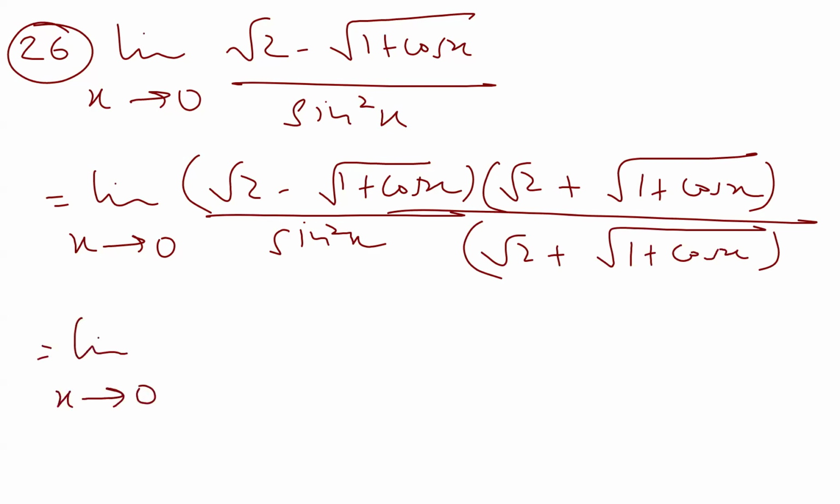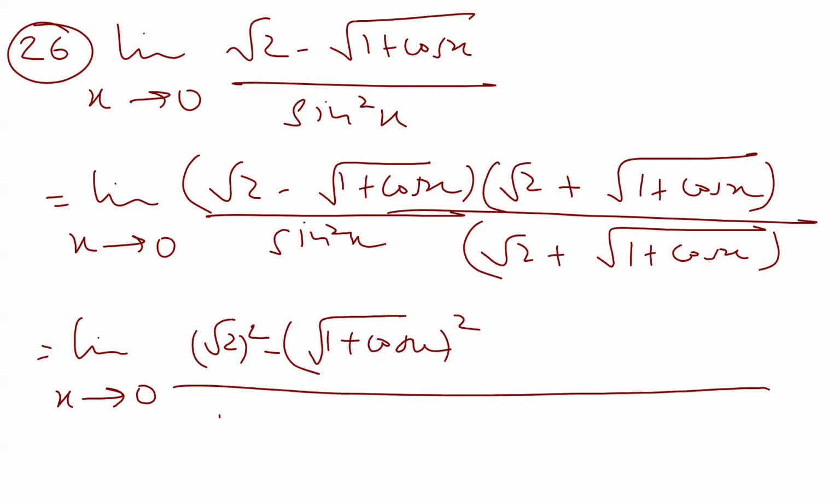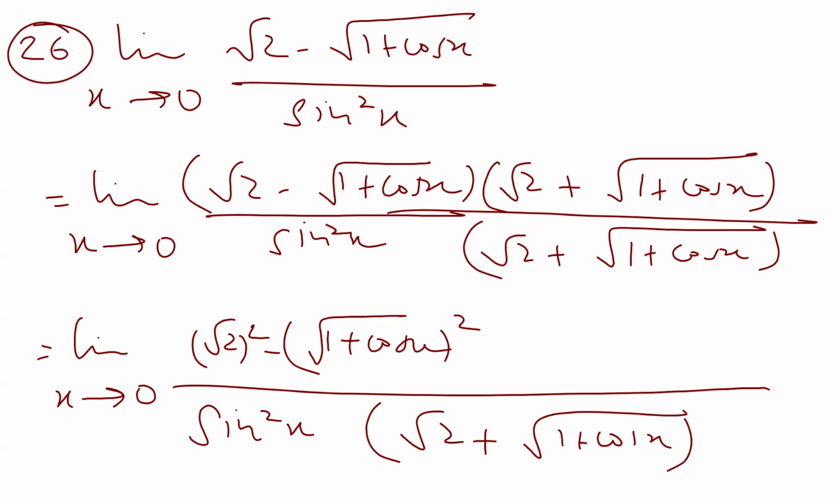Limit x approaching 0, a minus b into a plus b, a square minus b square upon sin square x, root 2 plus root of 1 plus cos x. So root 2 the whole square is 2. Minus this, root is also gone.